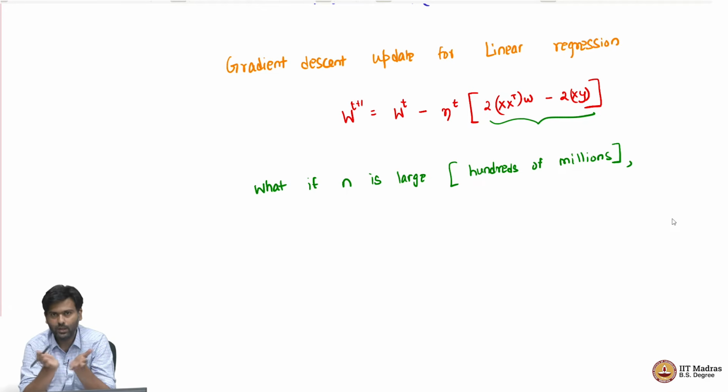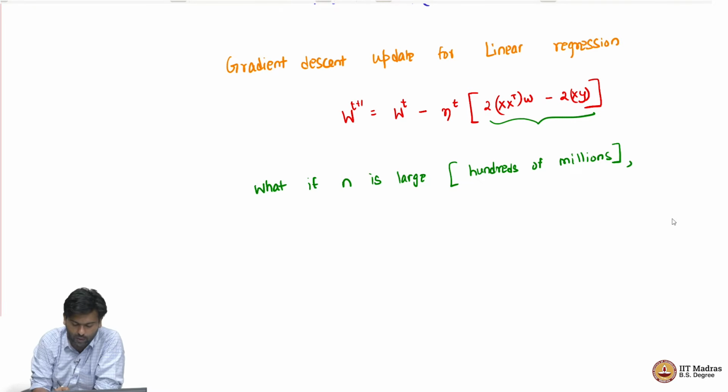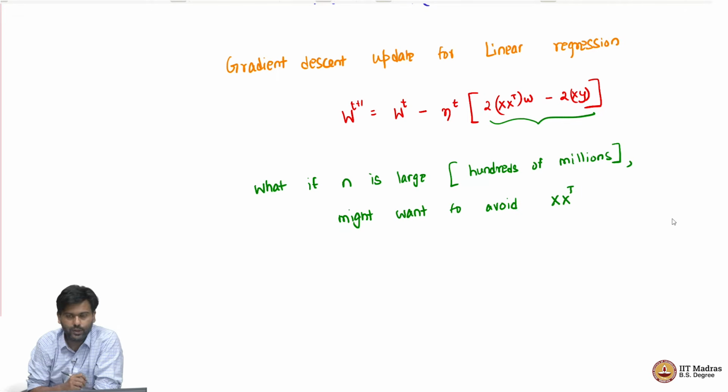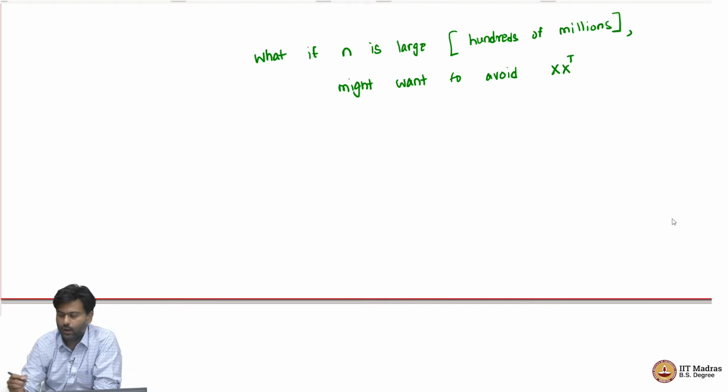So, there is an n dependency hiding inside this XᵀX itself, and if n itself is in billions, then even computing this XᵀX might actually be a hard thing to do. So, we might want to avoid XᵀX computation itself, not just the inverse of it, but even XᵀX might be hard to compute if you have a huge number of data points.